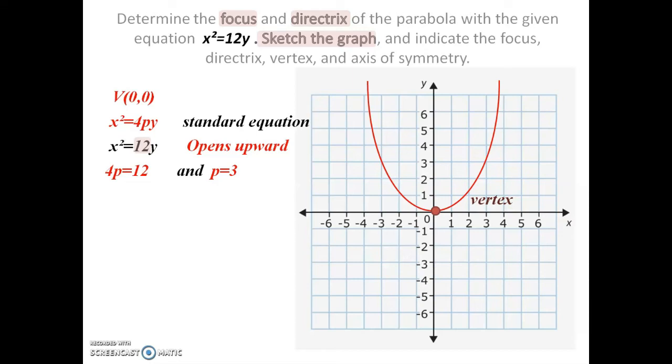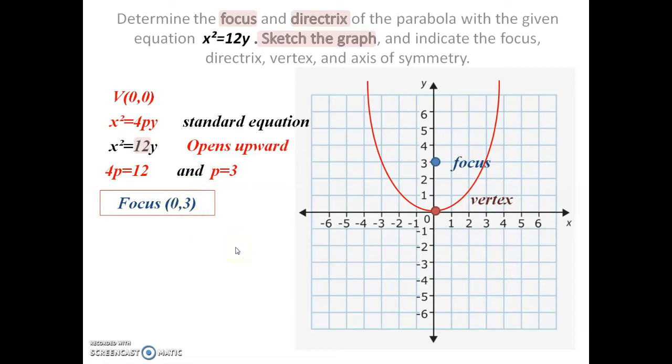To find the location of the focus, from the vertex we move upward, because it's opening upward, 3 units upward. So here is our focus, and its location is (0, 3).